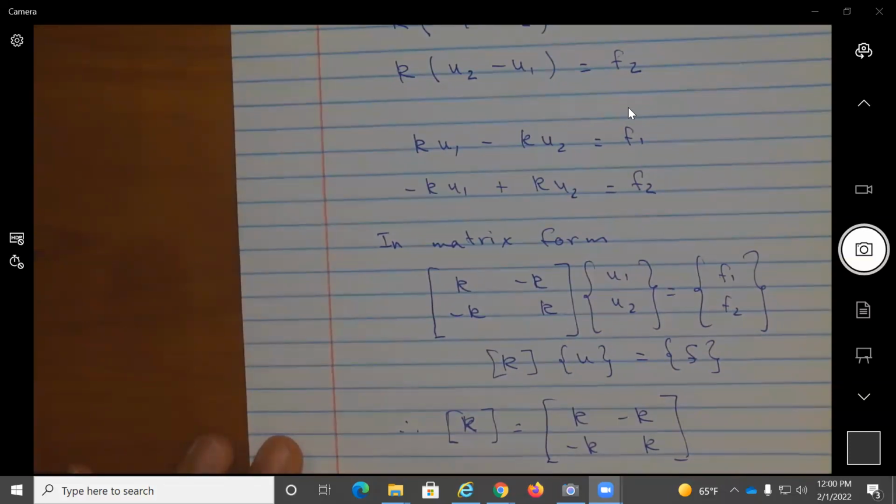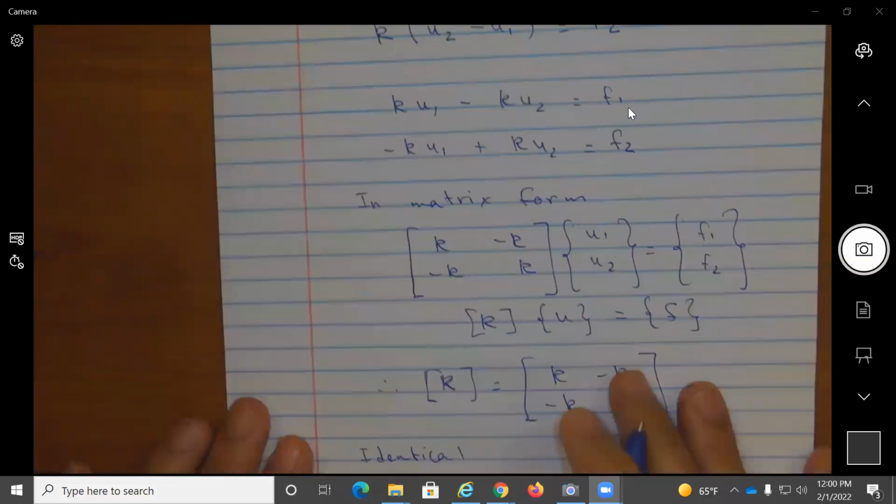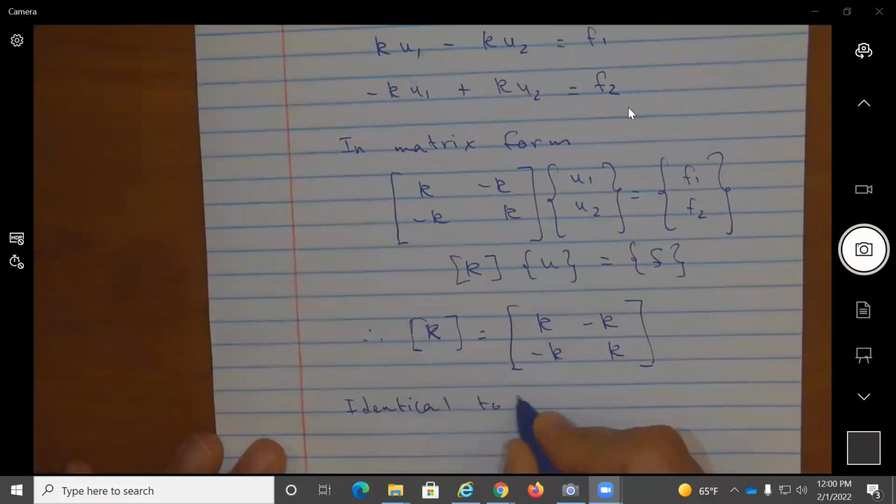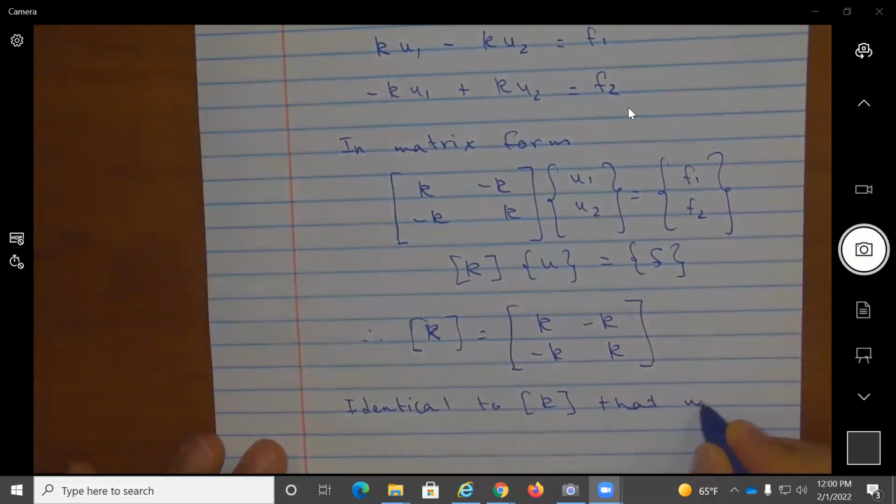Identical to K that was derived using the direct stiffness method.